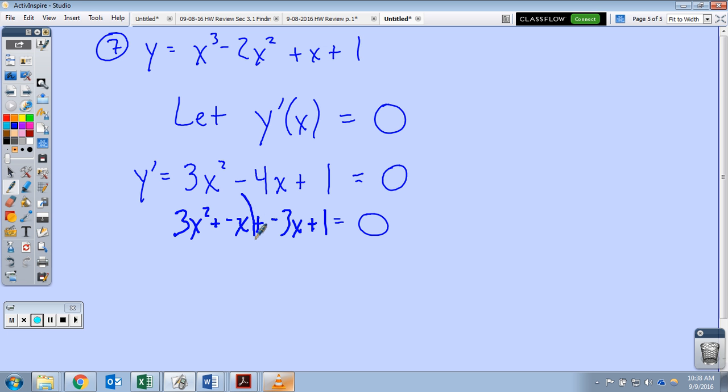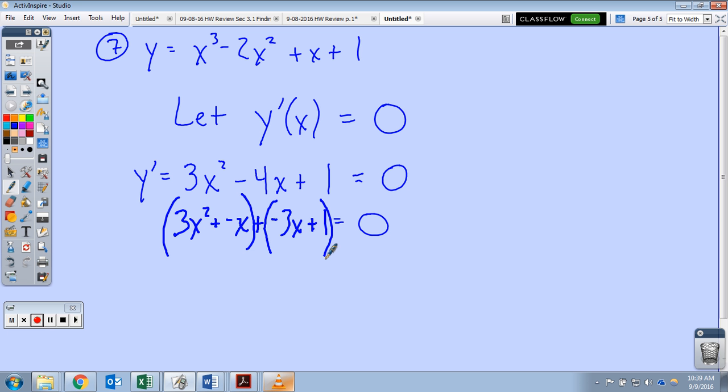The great thing about this method is that it doesn't matter how you group them. It doesn't matter whether I wrote -x plus -3x or -3x first plus -x. It'll still work out the same. We're going to go ahead and finish it. From here, these two have what in common?